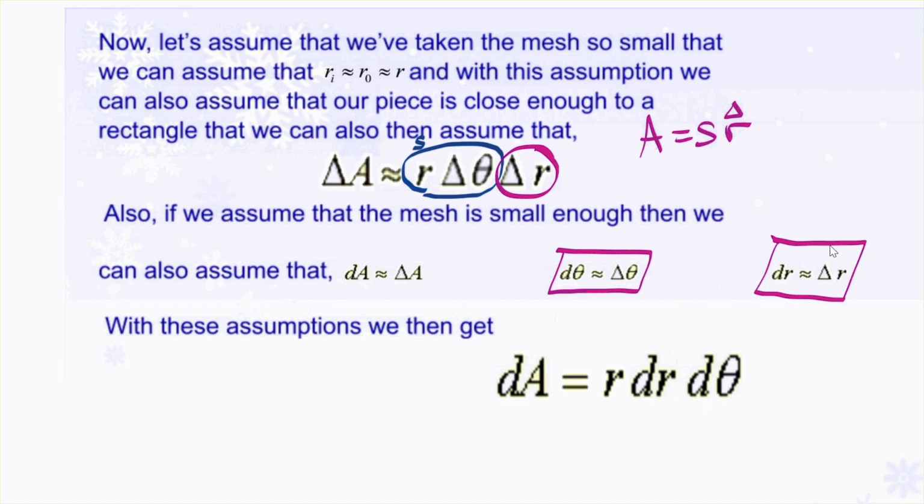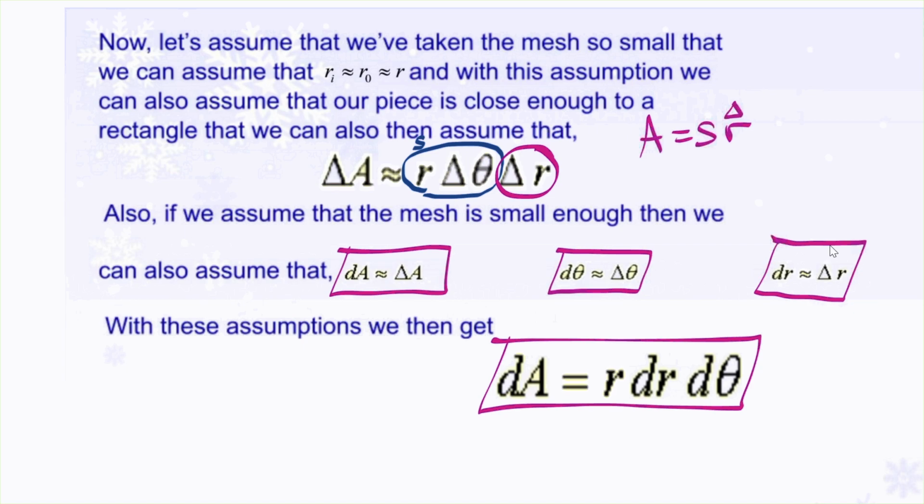And then we can do a substitution that dA, being approximately delta area, the change in area. So dA is r dr d theta. And that is what we're going to use when we do a change of coordinates to accomplish a double integral, if it's easier to do it in polar.